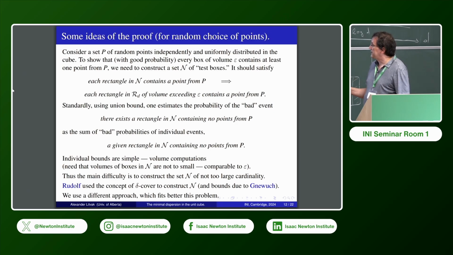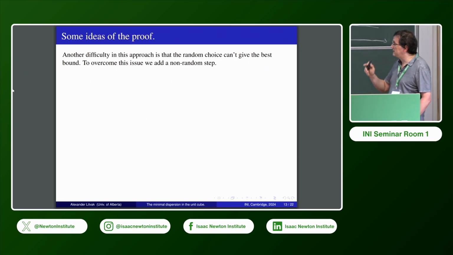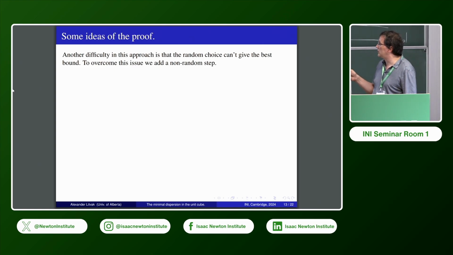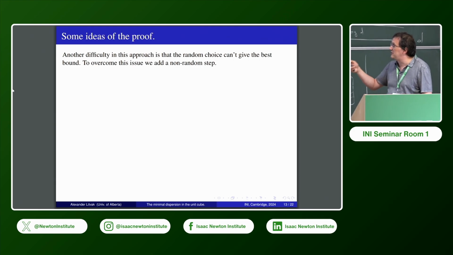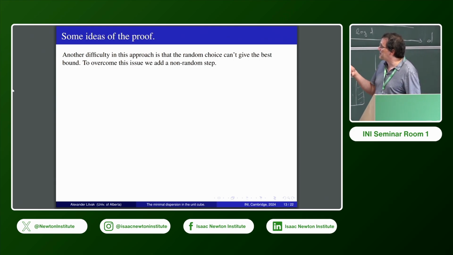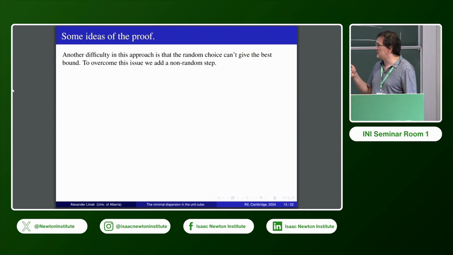And another part which I want to mention, and I will explain, is that like I said, if you just use a random choice of points, it will work, but it doesn't give a good enough result. So we will use two steps.